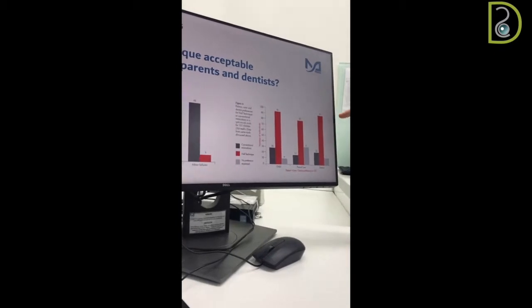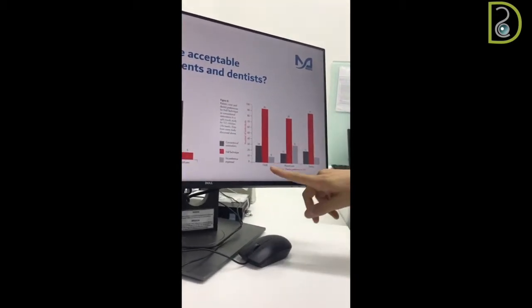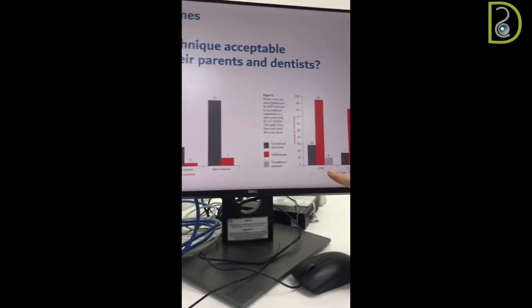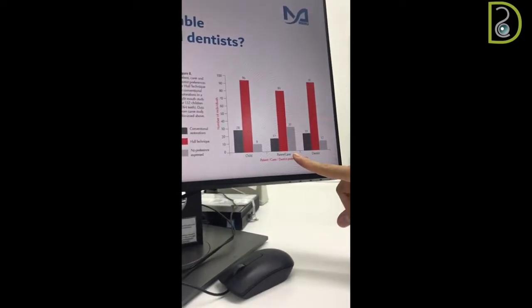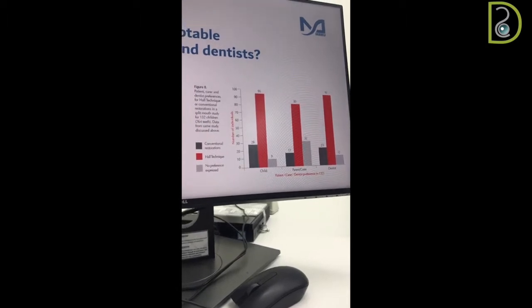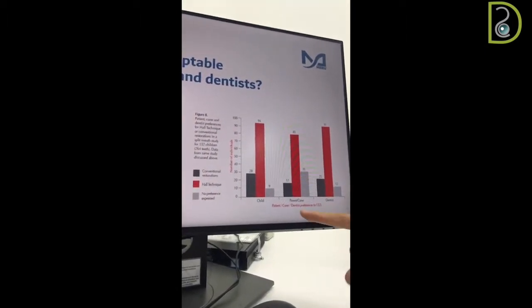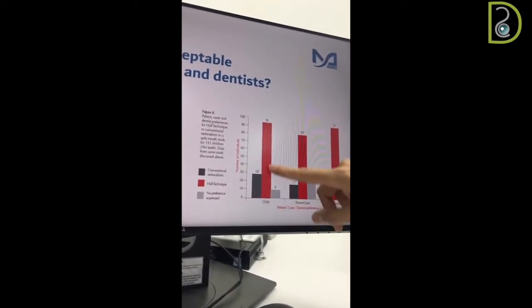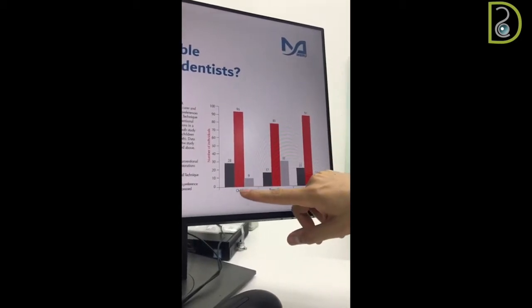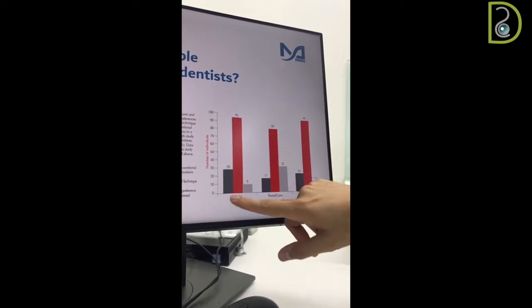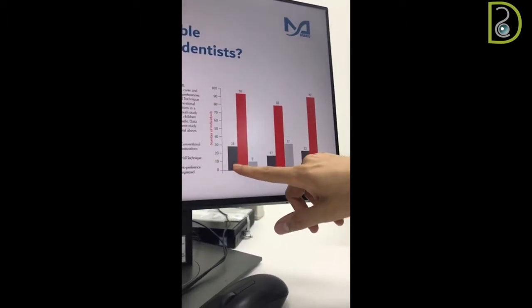So let's have a look at how the child has accepted this kind of treatment, and how parents or carers and dentists accepted it. If you compare, 95 accepted the whole crown and 28 the conventional. So this is from the child.